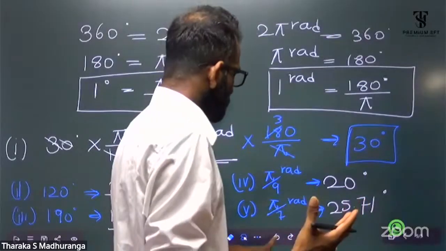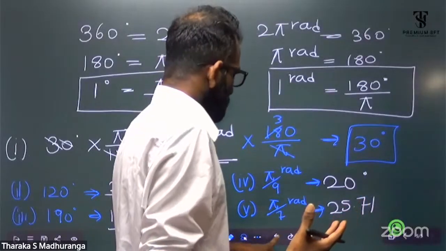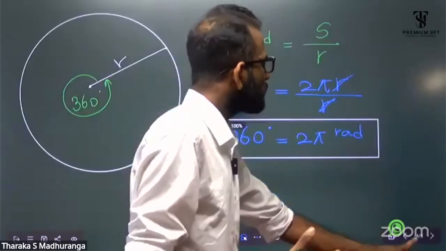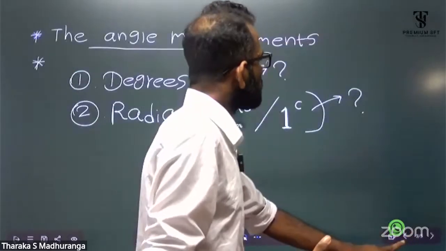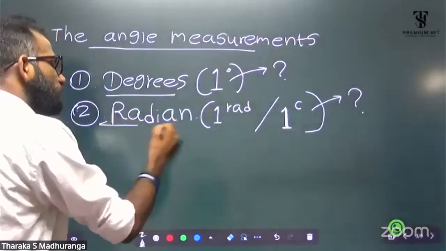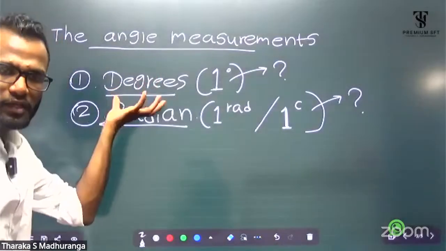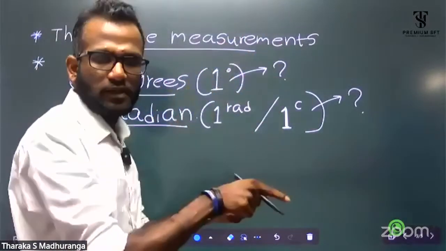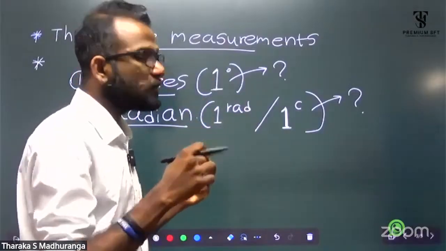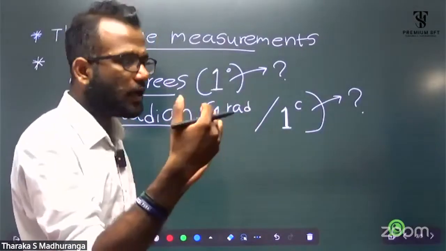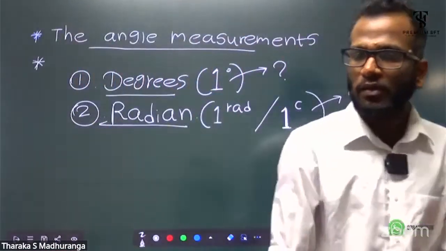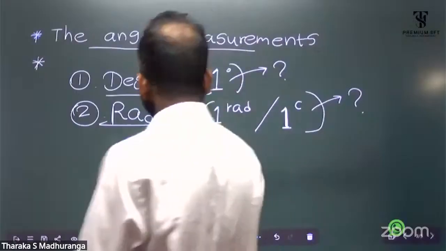Yeah, we have two units, degrees and radians. What's the meaning of 1 degree? 1 degree means the angle of a full circle divided into 360 parts; the magnitude of one part angle we call 1 degree. What's the meaning of radian?